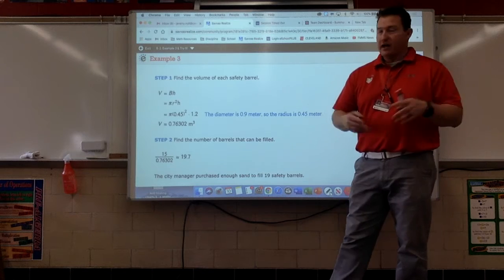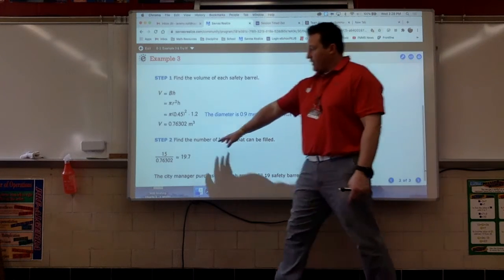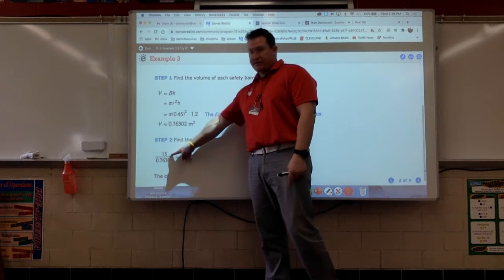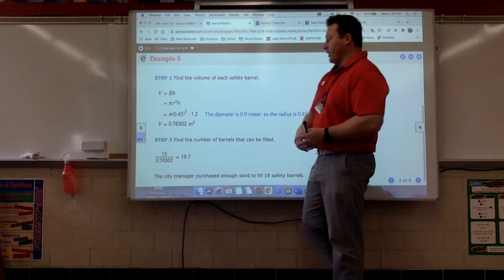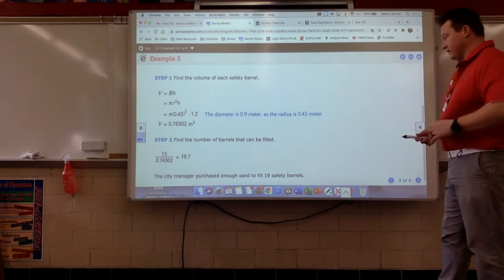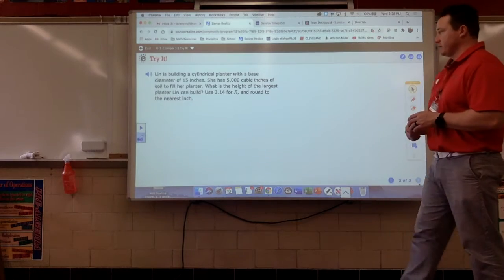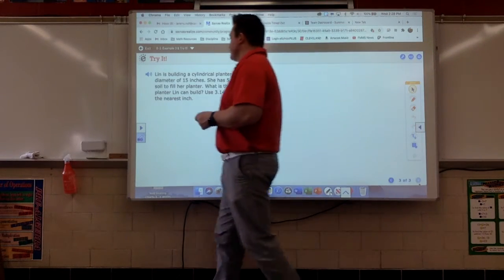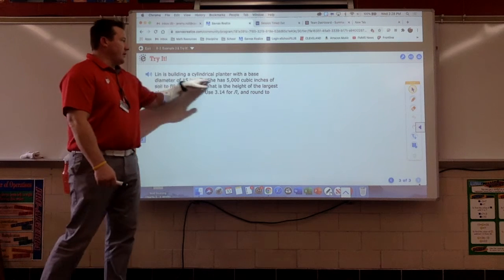That's how much water it would hold, right? It's just volume. It's all the same thing. So if we have 15 cubic meters of sand, and I know each one holds that many, there we go. So we can fill almost 20 of those safety barrels. Congratulations. So we have enough for 15 then. Oh, yeah. Oh, that's great. Okay. All right, here we go.